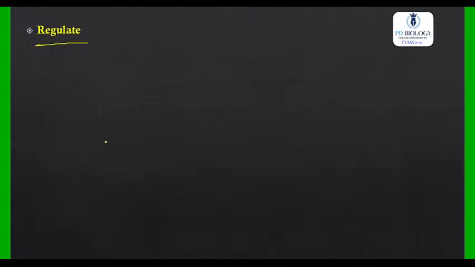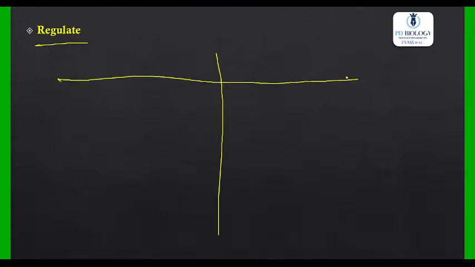So we can write here a little difference between them. Look at here. So what's the difference between regulators and conformers?